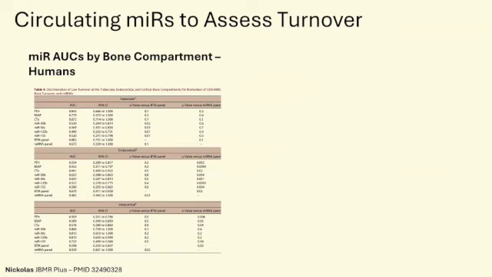So we looked in the trabecular compartment, the endocortical compartment, and the intracortical compartment. And we found differences in how these biomarkers performed in each compartment. So for the trabecular compartment, we found that PTH and BSAP and CTX discriminated low from non-low, but none of the microRNAs did.